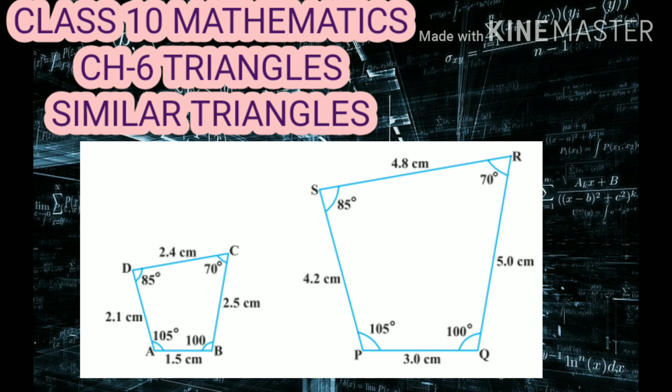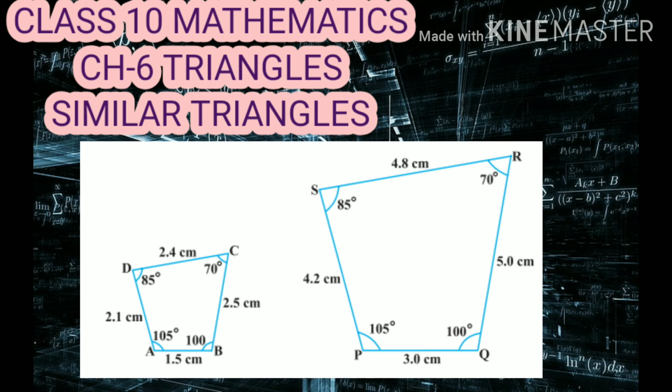Similarly, angle B is equal to angle Q because both have the same measurement, 100 degrees. Angle C is equal to angle R because both have the same measurement, 70 degrees, and angle D is also equal to angle S, having measurement 85 degrees. So all the corresponding angles of both the quadrilaterals are the same.